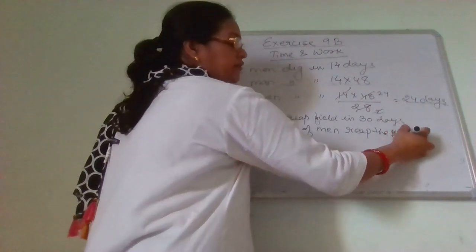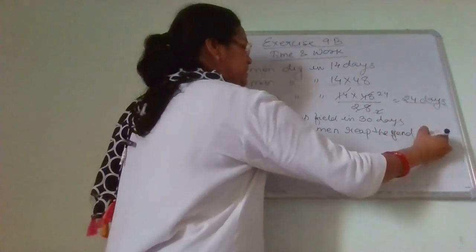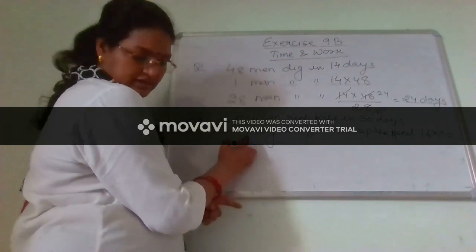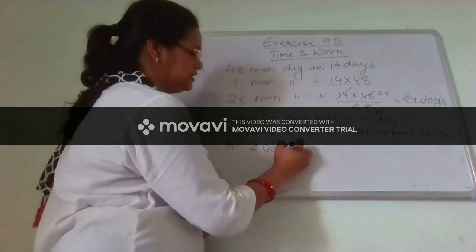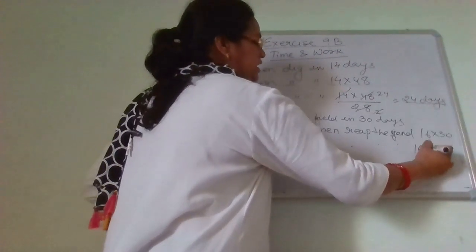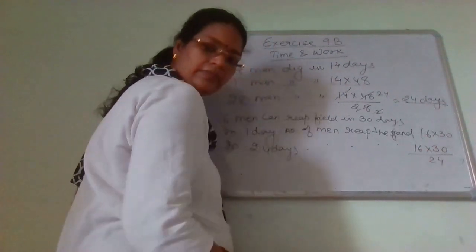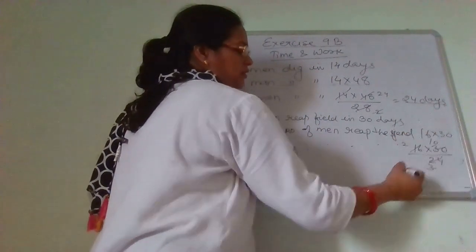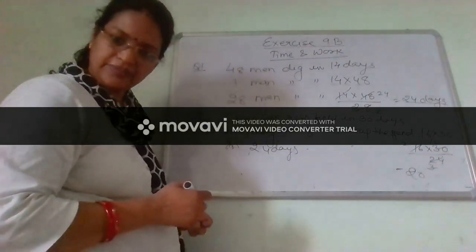So how many will be required? So it is 16 into 30. And then the question is what? 24 days. In 24 days, it will take 16 into 30 by 24. So 8 2s are, 8 3s are. So the answer will be 20 days. Right?